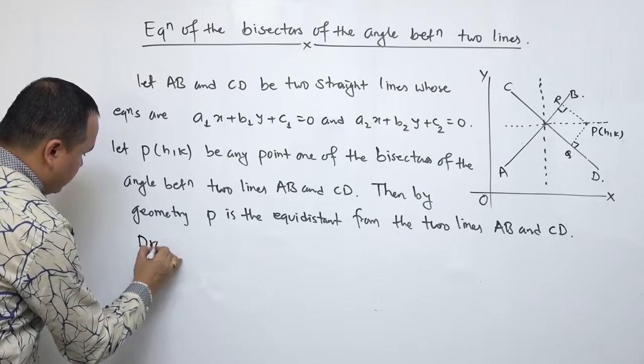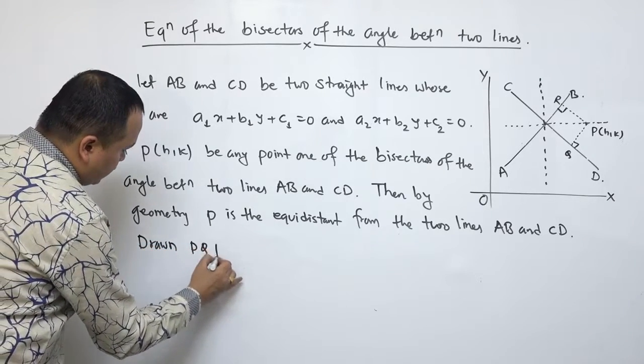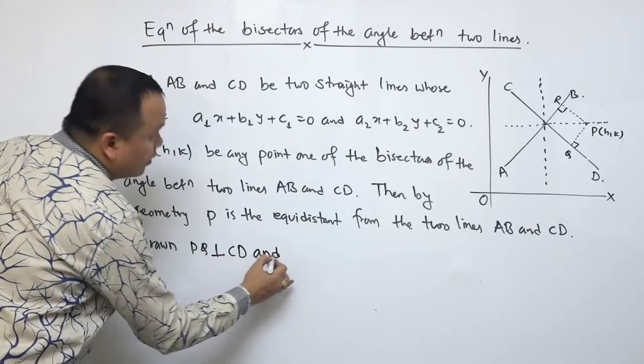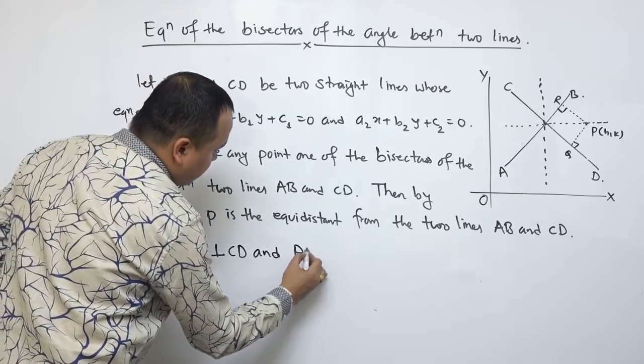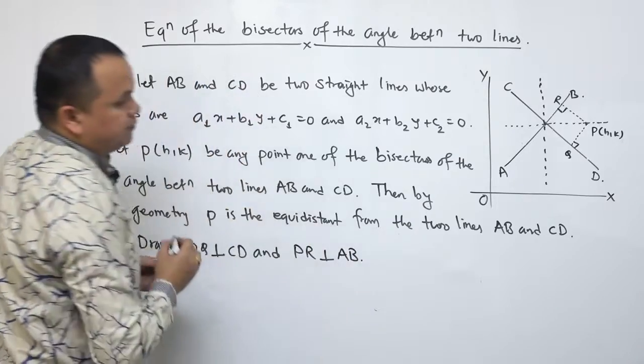Drawn PQ perpendicular to CD and PR perpendicular to AB.